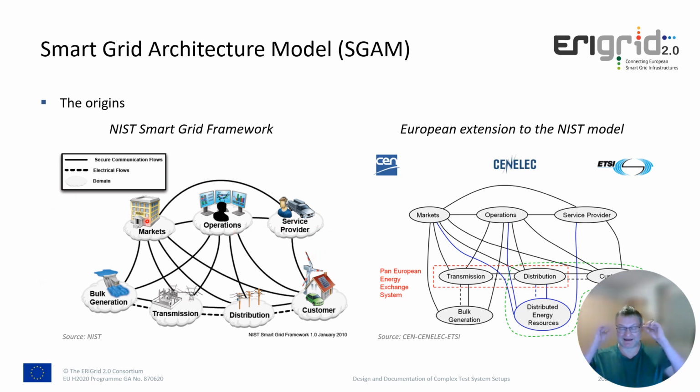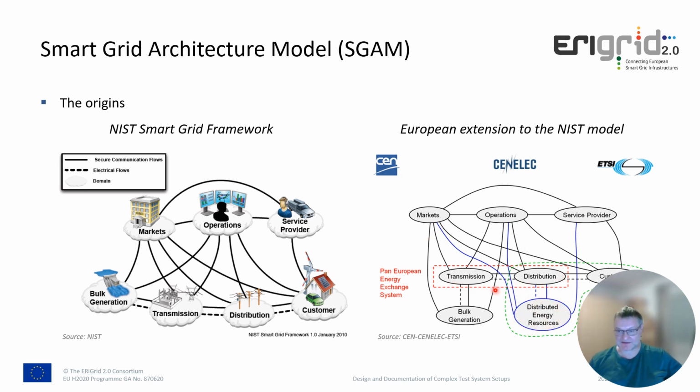This model has been slightly improved or extended on the European side through a smart grid standardization mandate. Here, mainly the distributed energy resources are introduced as their own domain, which are not shown in the NIST framework. It's covered by the customer side, but here in the European extension, we have the distributed energy resources explicitly mentioned as a domain.